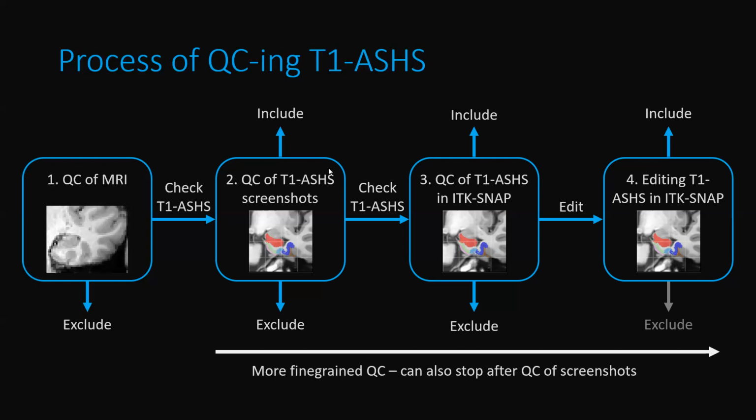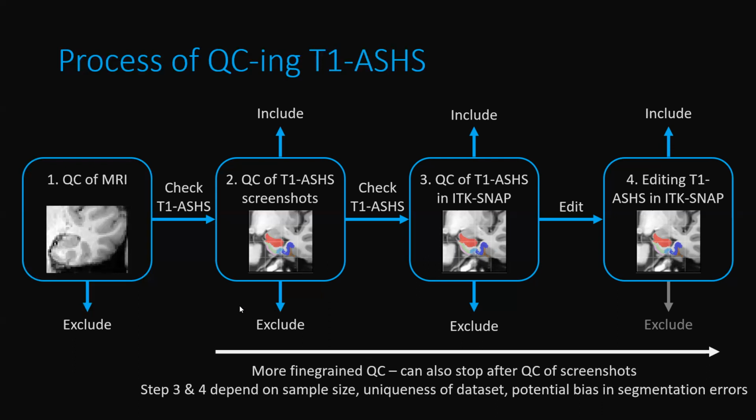You could technically also stop after just step 2 if you feel that's sufficient to establish if you want to include or exclude, and in a very large data set, you could stop there. Personally, I often have a hard time making a decision just based on the screenshot, and I do want to check it in a little more detail.